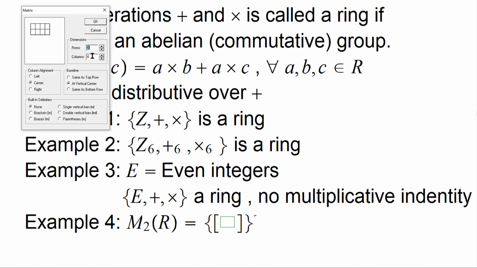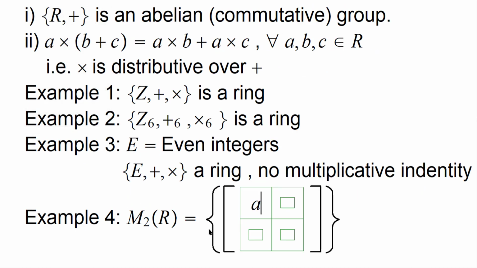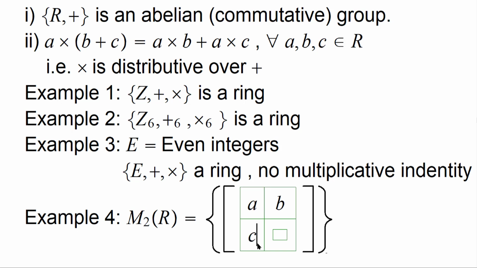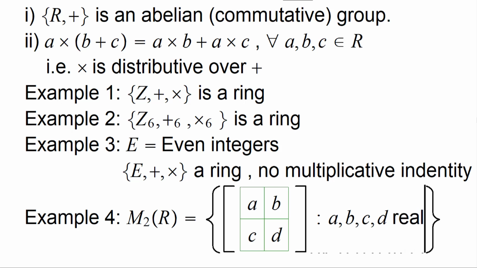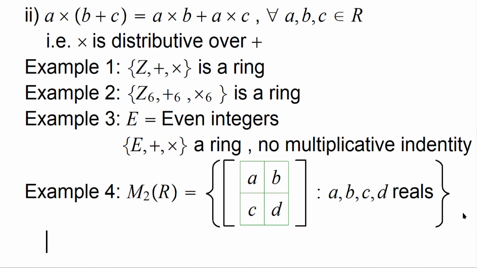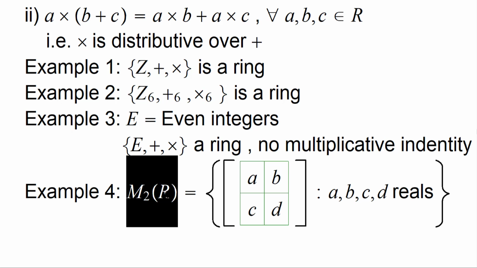We are keeping things simple in this case. So we have the matrix with entries a, b, c, d, where a, b, c, d belong to the set of real numbers.